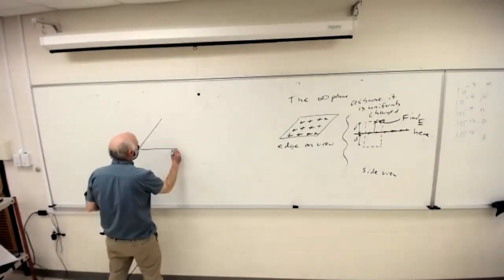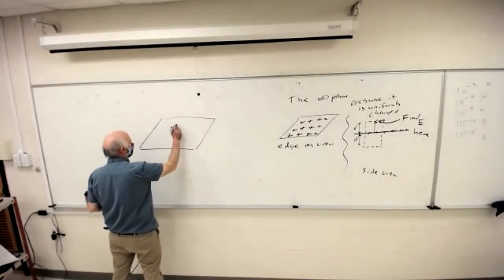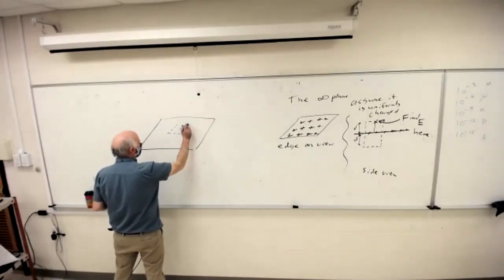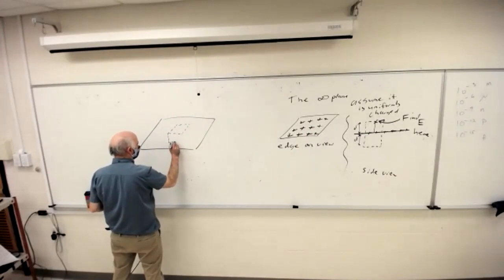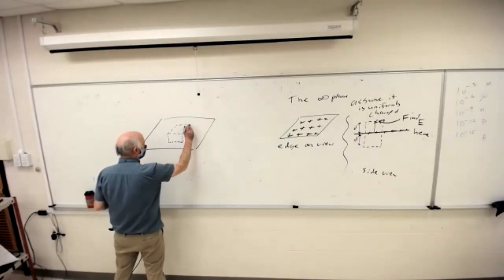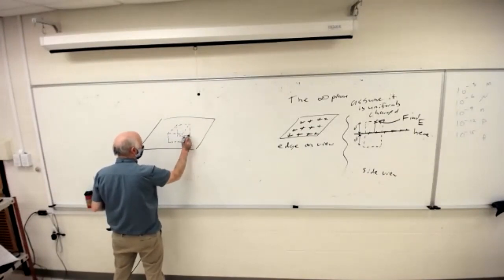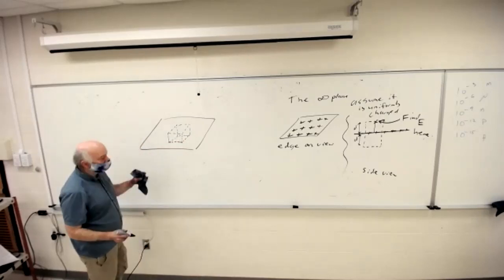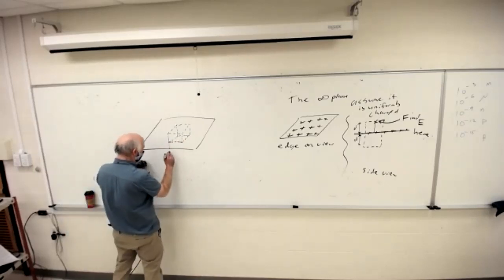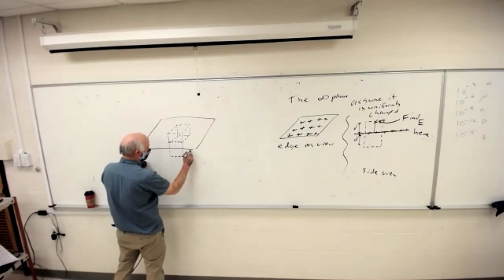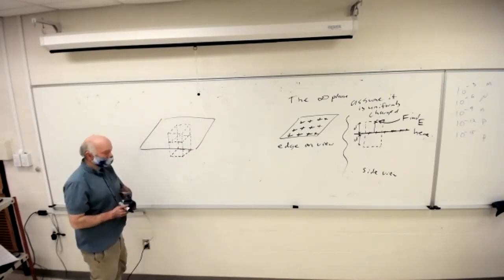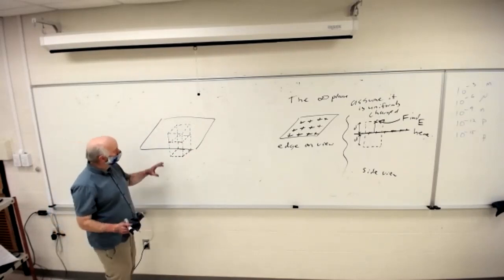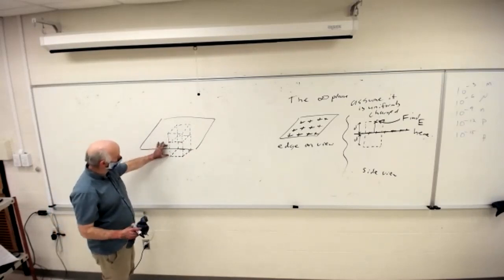So if I do something like on this one here, what I do is I do something like this. So I have the top part, and then I go back on the bottom part here like this as well. This is the top part, and this is the bottom part.